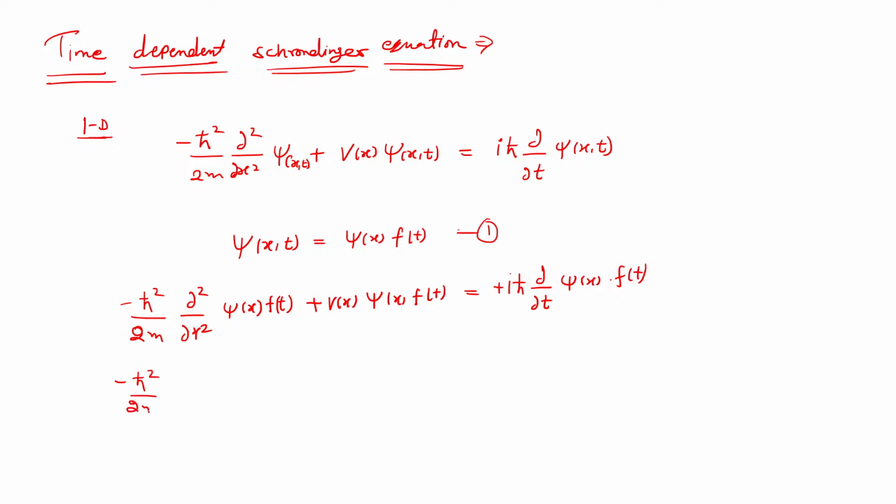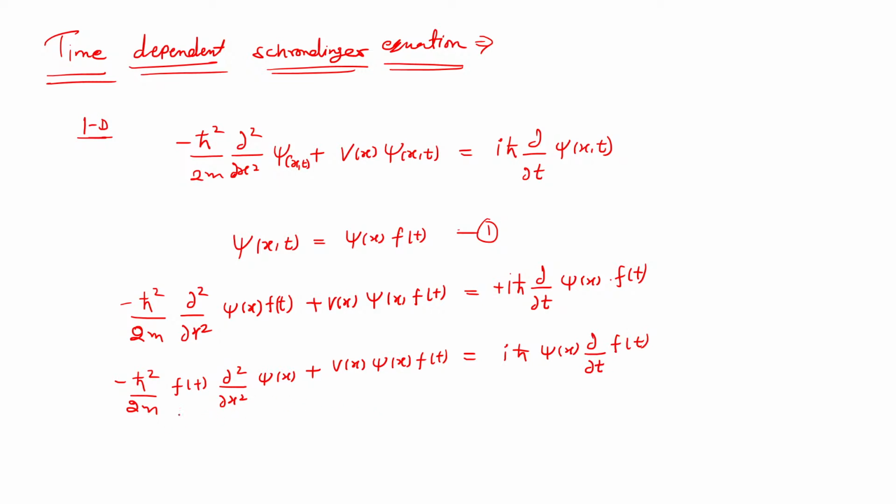Minus h cut square upon 2m: here x is a variable, so f(t) can come out. Here there is nothing to change, it remains as it is, and here psi(x) can be taken out. So this is the format you are getting.